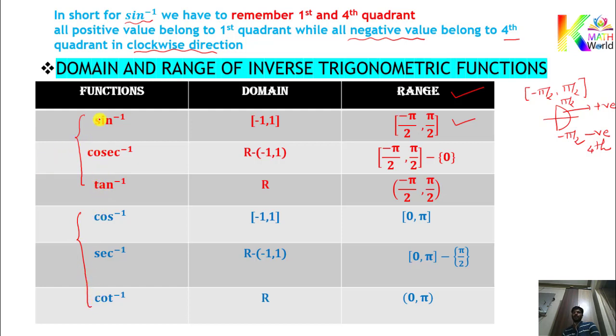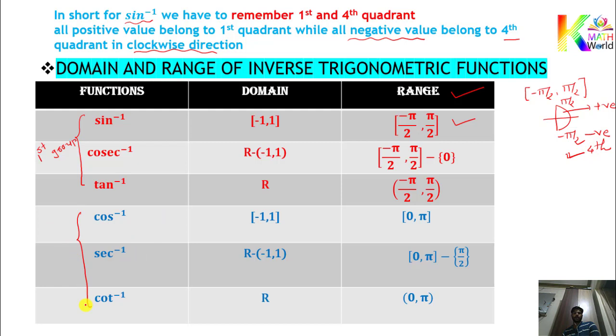For the first group, you got minus pi by 2 to pi by 2. You just have to remember this one, and you should remember only two things. All positive values belong to the first quadrant, while for all negative values you get the fourth quadrant.